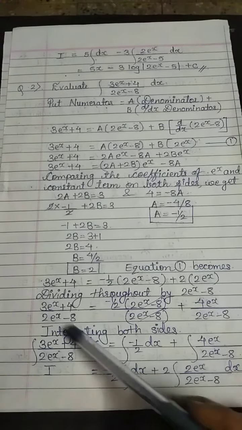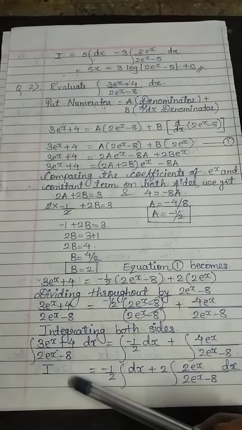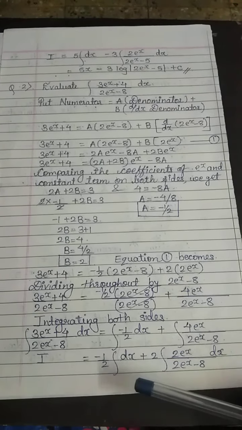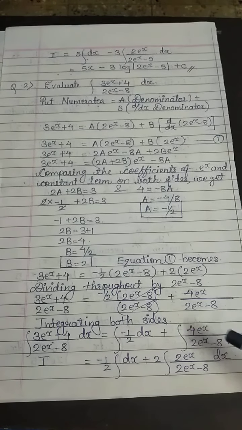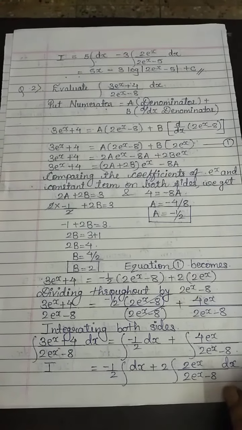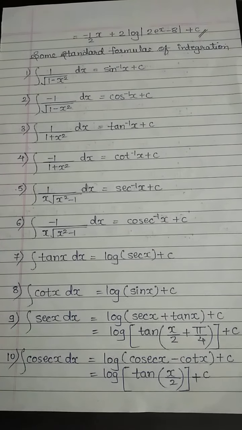This is nothing but the original question, so we call this I. Integration of -1/2 is -1/2 x, and now here this 4 we can write as 2 into 2 because in the numerator we want only 2e^x.